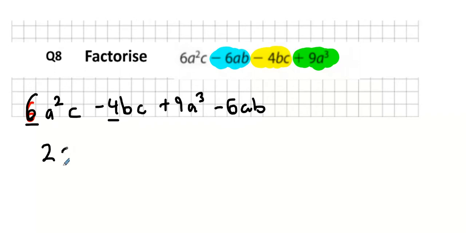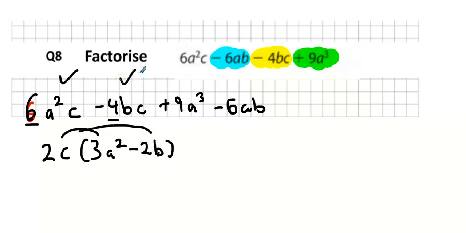C. 2 multiplied by what gives you 6? 3. 3a squared, happy with that, guys? Multiply it back out, does it work? Yeah. 2c multiplied by what gives you minus 4bc? Minus 2b. Check it out again. It does multiply out. What do we know about the next bracket? It's going to be the same if you do it properly.